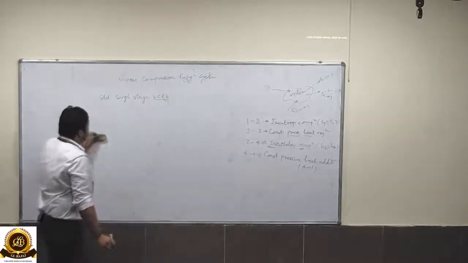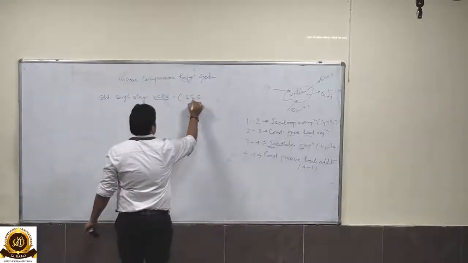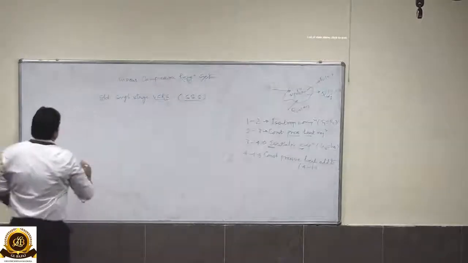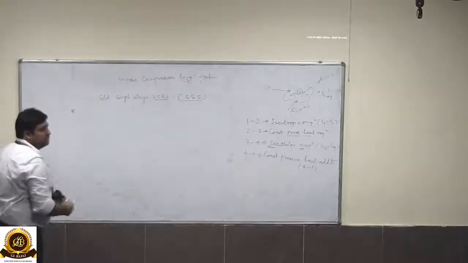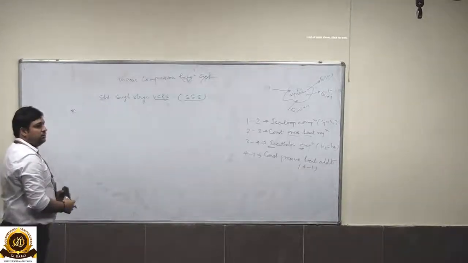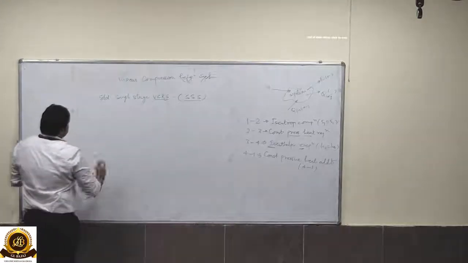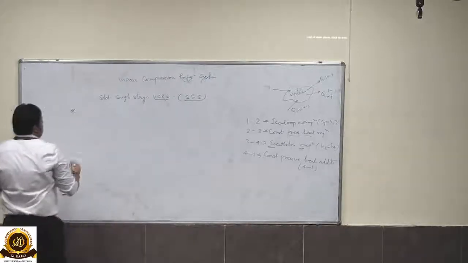A standard single stage VCRS cycle is also known as SSS. We call it SSS because it's a standard single stage VCRS cycle. Here, what are the modifications in comparison to the reverse Carnot cycle?